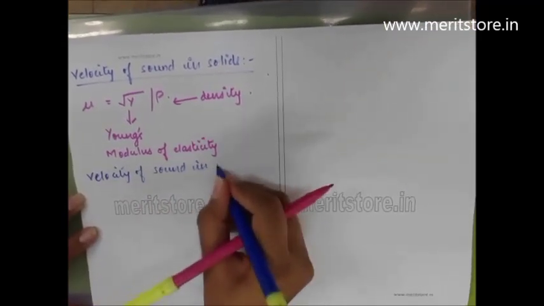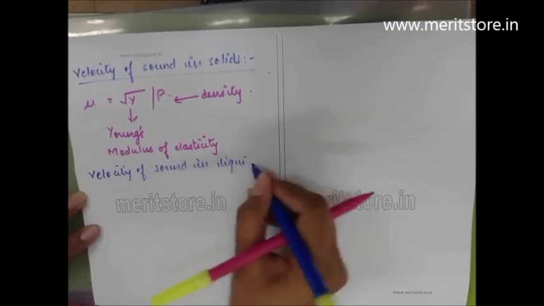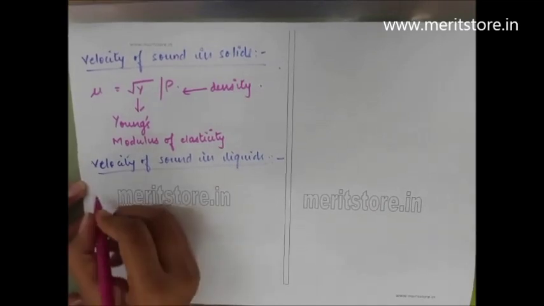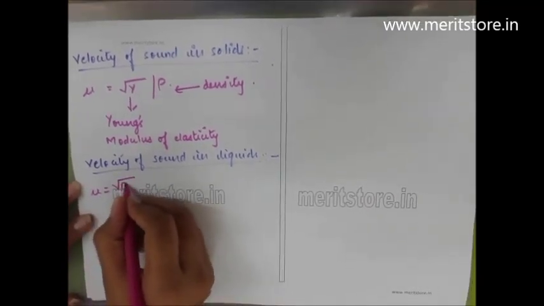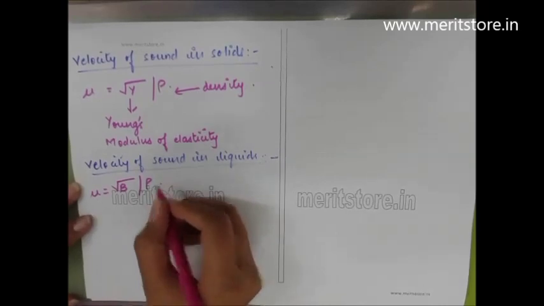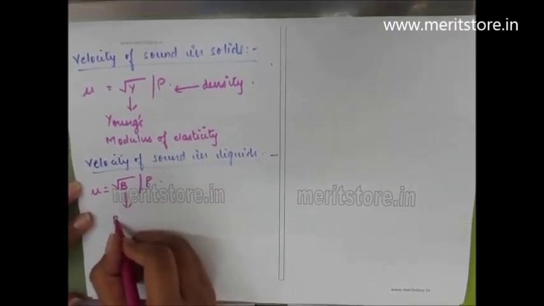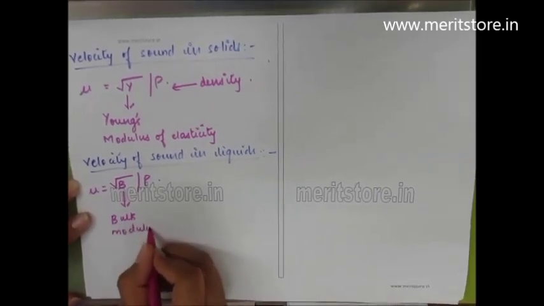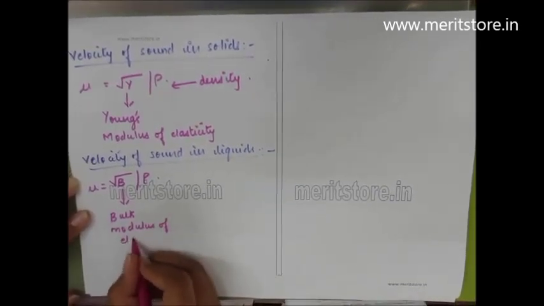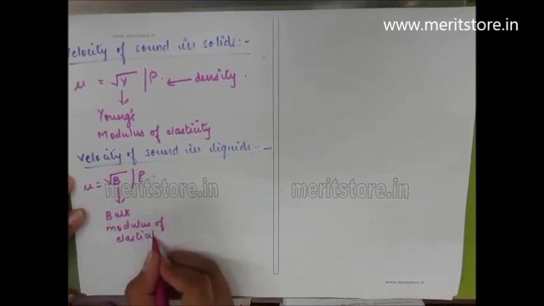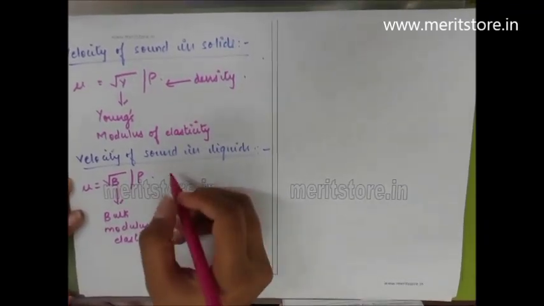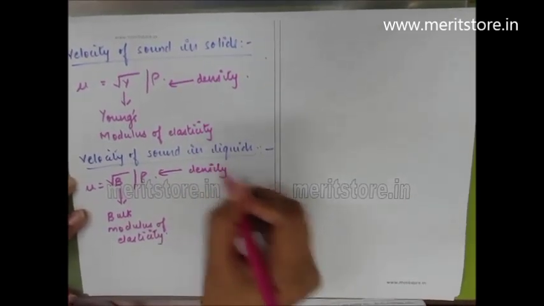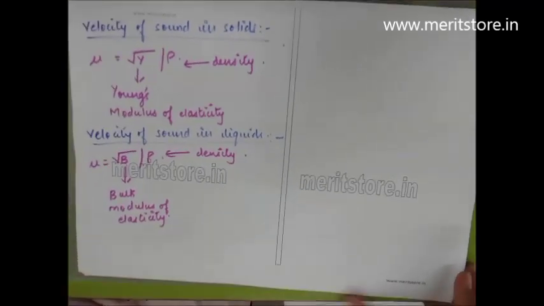In liquids, it is given by U is equal to square root of B divided by rho. Here B is bulk modulus of elasticity and rho is the density of the material in the consideration.